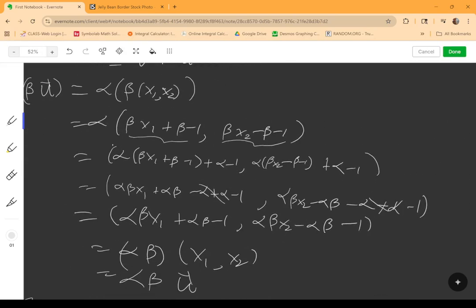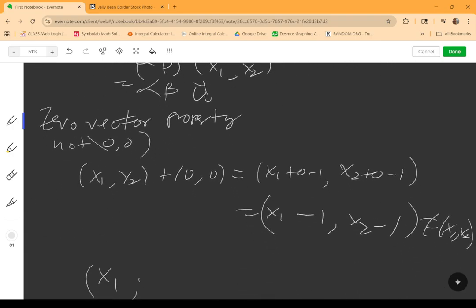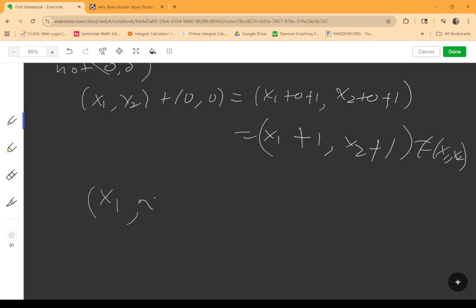So here, this one is fine for the scalar multiplication. Here, that's plus 1. Okay, so what if instead of (0, 0), I add the vector (-1, -1)?